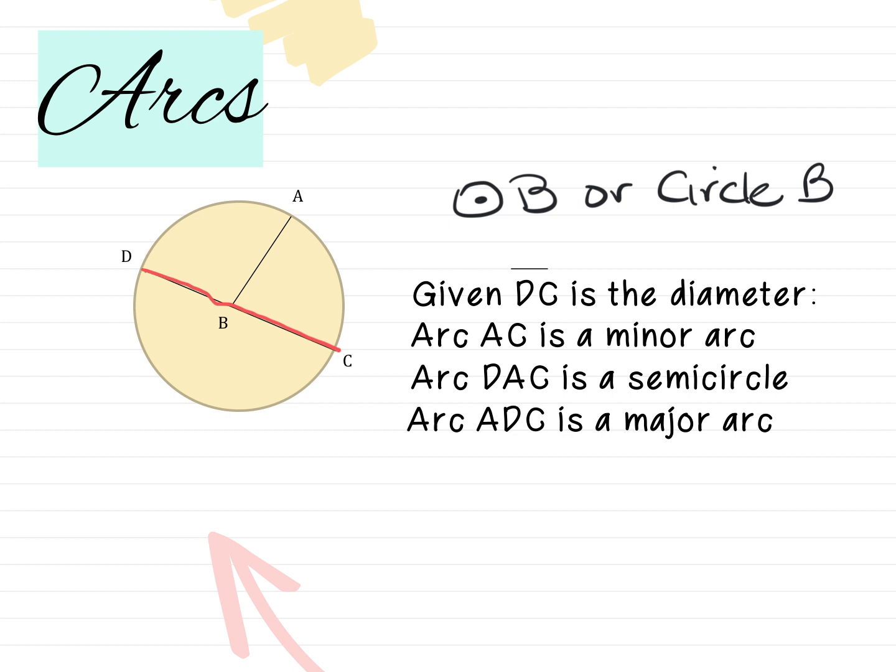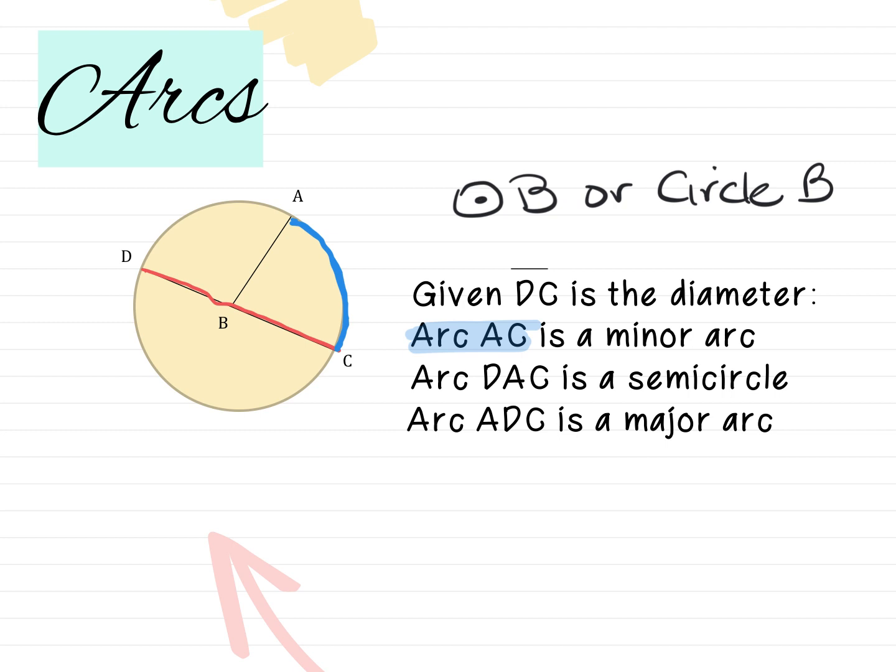However, let's first look at the first one, and it's naming arc AC. When we're talking about an arc, this is the broken part of the circle it's referring to. So it's this little curved piece of the circle. So this is arc AC, and arc AC here is a minor arc.